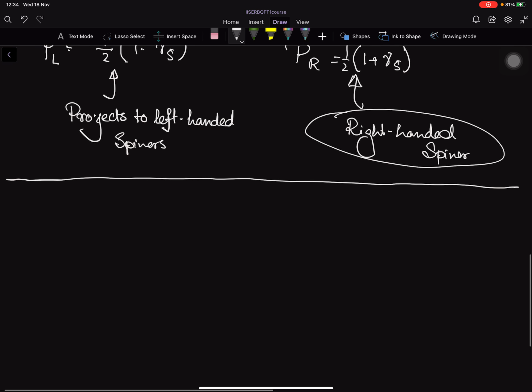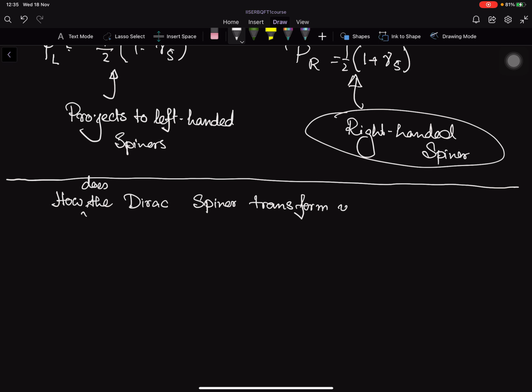So let's now ask how does the Dirac spinor transform under Lorentz transformation?